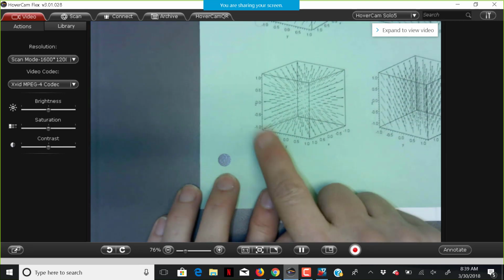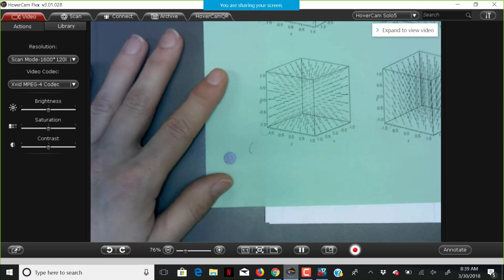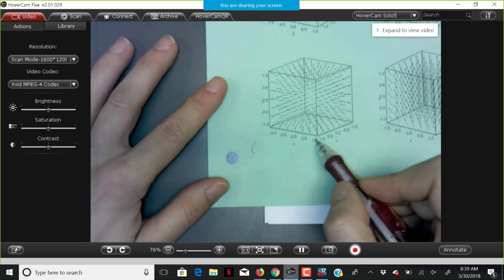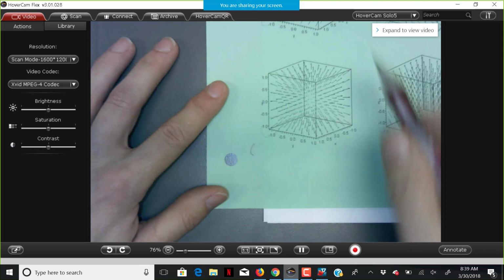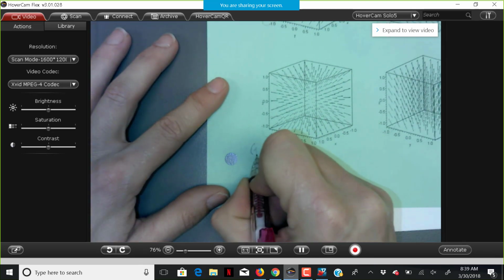If I'm at this corner, what's the x coordinate of that corner? Yep. And here we see the x-axis, so it would be positive 1, right? And all of them have the same scale, so the x is 1.